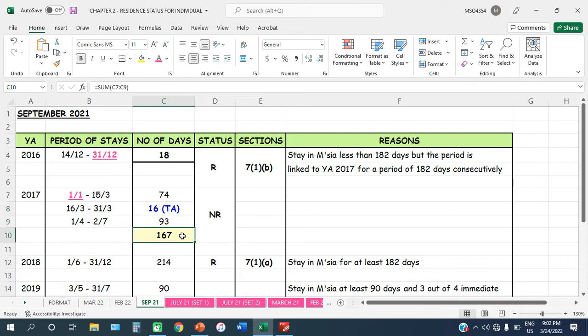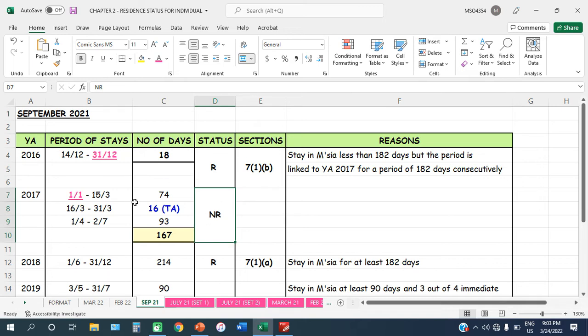We are calculating how many days he stays in Malaysia for 2017. So exclude TA. That's why TA, you must record here in bracket TA, so that you know that you won't add these 16 days. Total up, guys: 74 plus 93. So I got here 167 days.